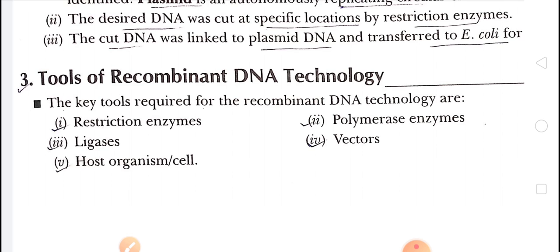That we'll discuss in detail in the next video. I hope you have learned properly the tools of recombinant DNA technology. If any problem regarding anything in this chapter, children, you can come to school and we'll discuss on the board. Okay? Clear?